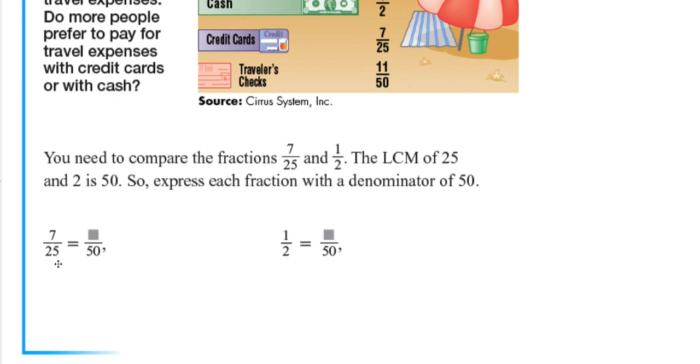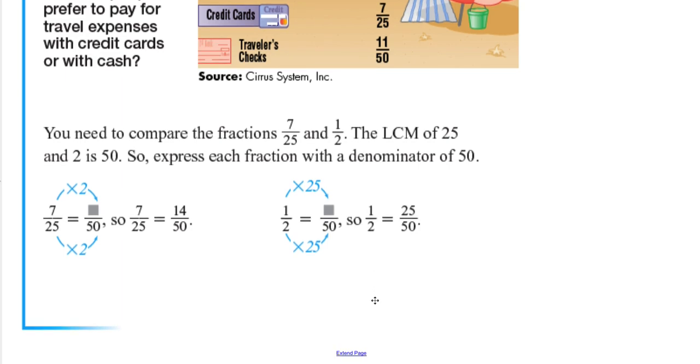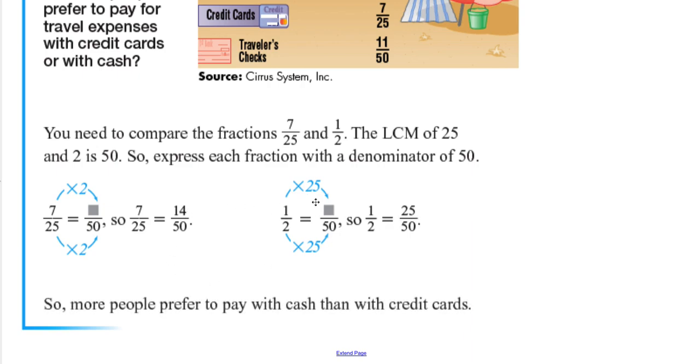For 7 over 25, you multiply 25 by 2 to get to 50, so multiply 7 by 2 as well and end up with 14 over 50. For 1/2, I multiply 2 by 25 to get to 50, so I multiply 1 by 25 as well, and this becomes 25 over 50. We simply compare the numerators 14 and 25. Since 14 is less than 25, more people prefer to pay with cash than with credit cards.